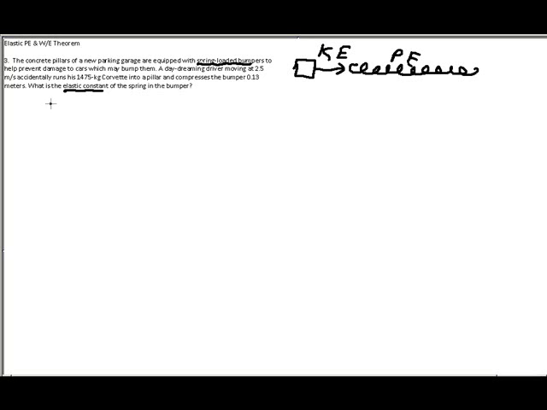So we're going to have a car, and that car is going to bring a certain amount of kinetic energy into a collision. Energy has to be conserved, meaning it has to always be accounted for and go somewhere when there is an exchange. This kinetic energy is going to become the potential energy stored inside that spring. The kinetic energy is described by the equation 1/2 mv squared, the energy the moving object brings to that collision.